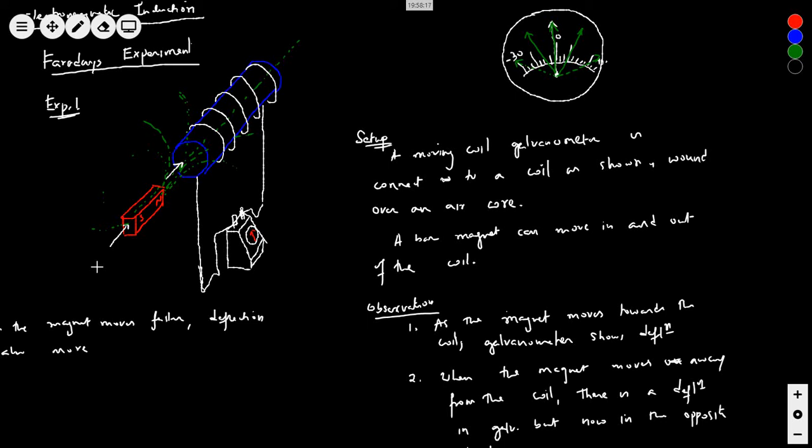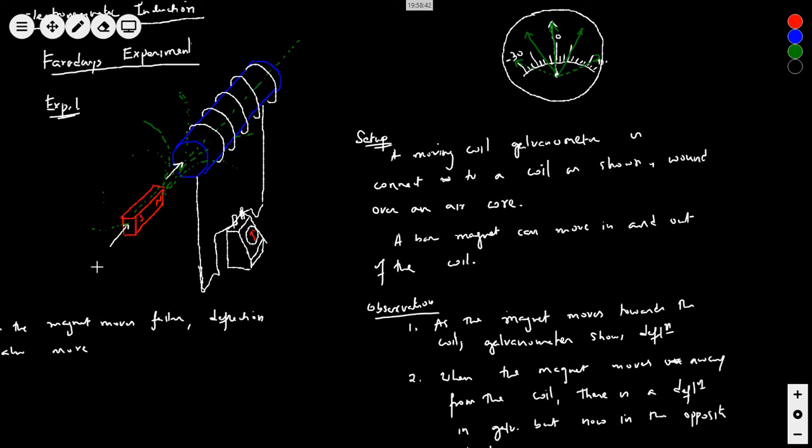So, based on this experiment, Faraday gave two laws. He said, whenever the magnetic flux linked with the coil changes, an EMF will be induced in the coil. Isn't this what our first three observations say?